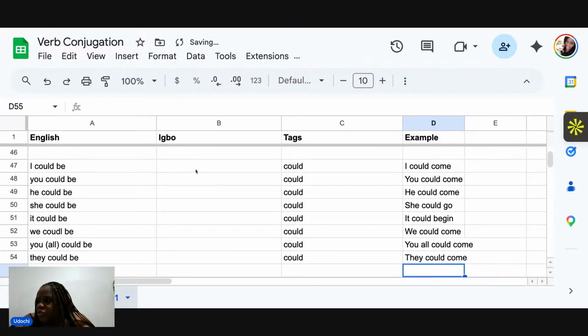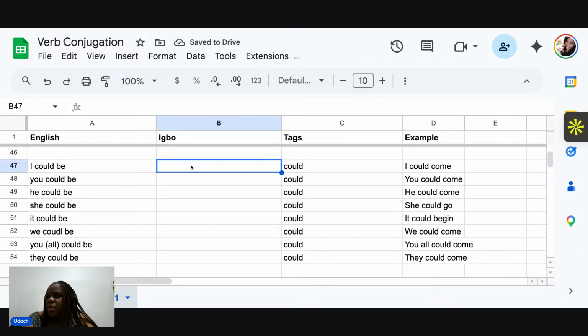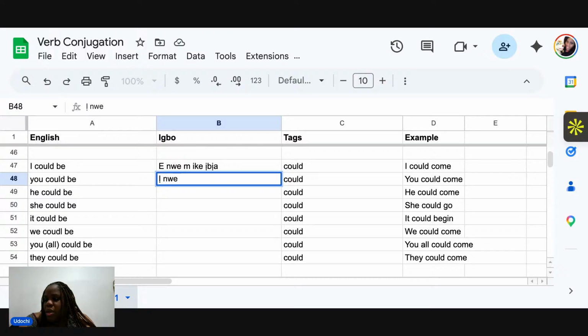Alright, let's write the sentences in Igbo. Enwere ike ịbịa. Ị nwere ike ịbịa. Ọ nwere ike ịbịa.